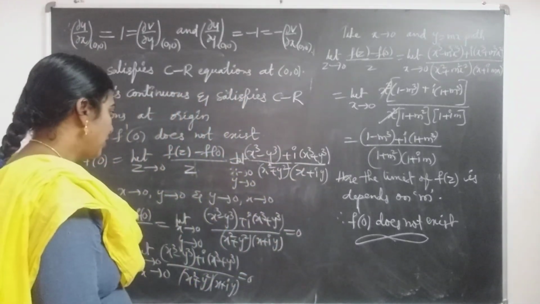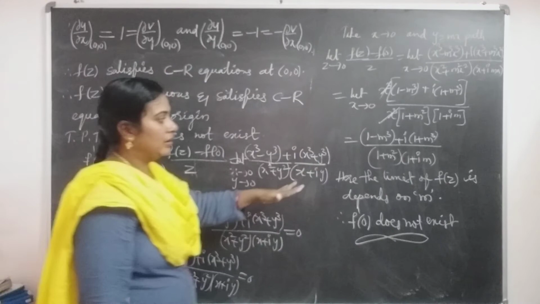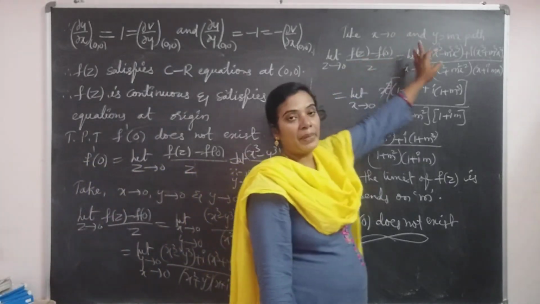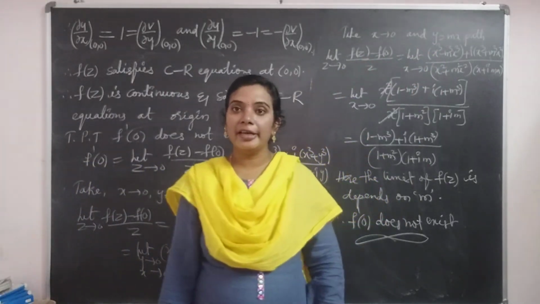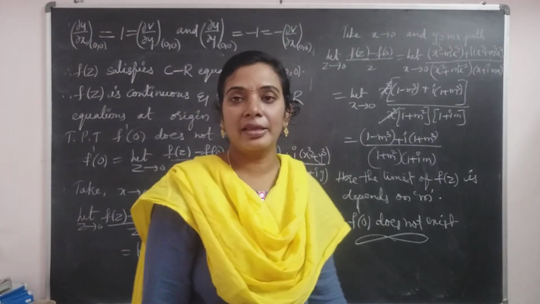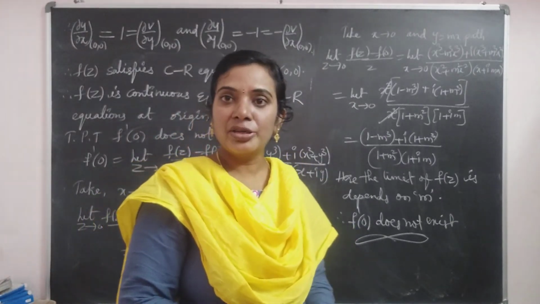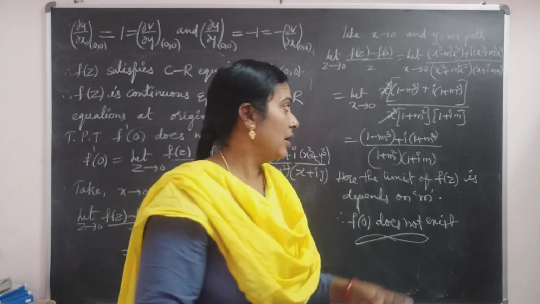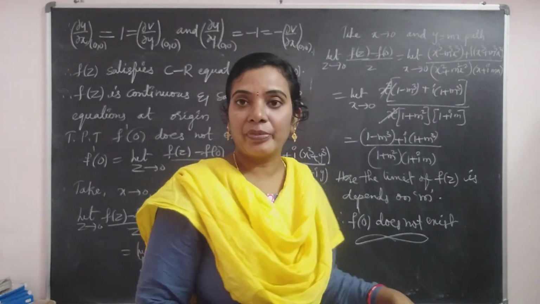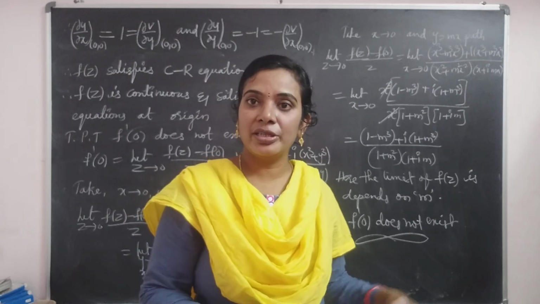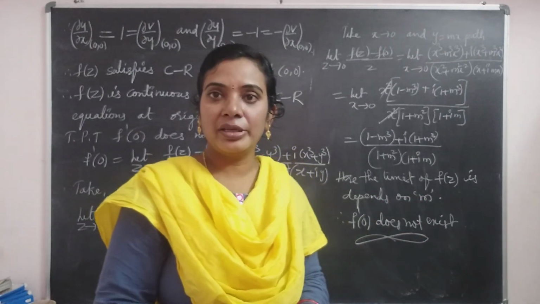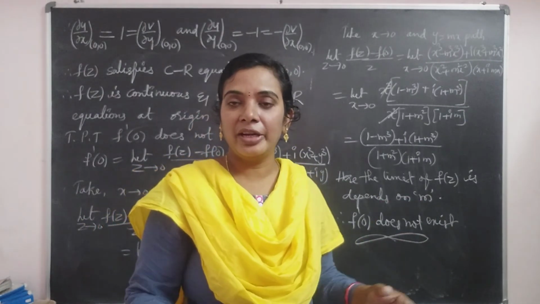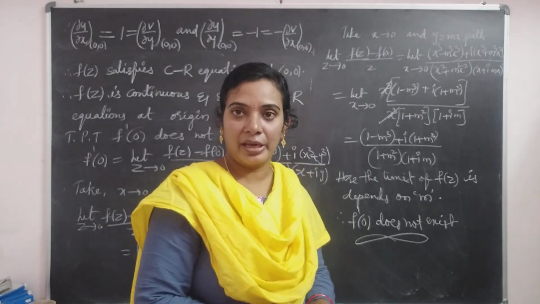Okay, at origin it's okay, but along the path, that is a radius vector, the limit of the function, or the derivative of the function at origin, depends on m. Here m values change, then the limit value changes. That is nothing but the derivative values are different in different cases.